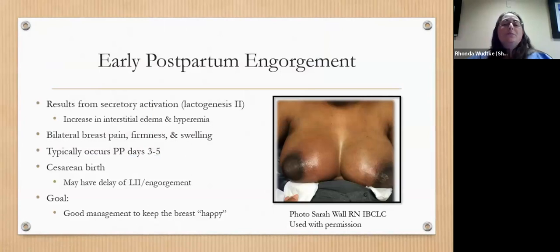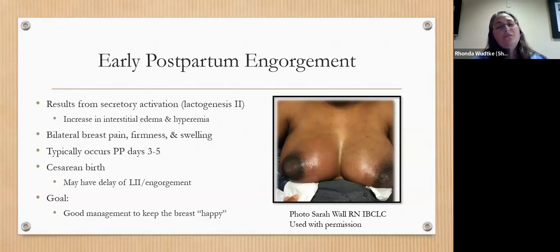And so that early postpartum engorgement. Now, this is actually a physiological process, a biological process that our body really is meant to go through. Now, we don't want it to be unrelieved, and we don't want it to be completely uncomfortable for our parents, but we do want some of this engorgement process to occur. This is actually the result of what we call secretory activation.